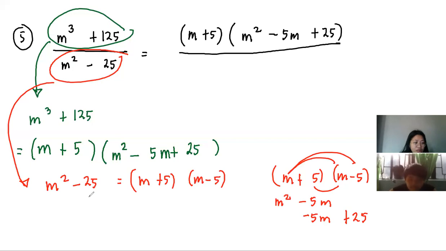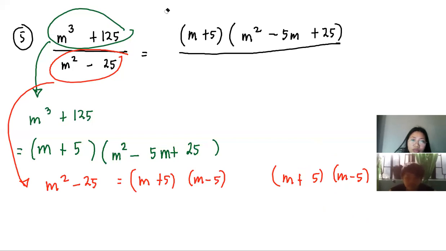So, this is the two terms, yung factoring natin. So, tignan natin kung tama na to m plus 5 and m minus 5 natin, ha? So, that is m plus 5, m minus 5. Wait, burahin ko to para hindi nakaka-confuse. Ulitin natin. Okay.